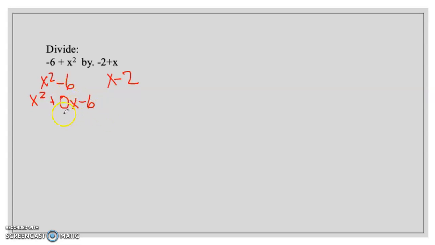We need to put the missing x term in there with a 0 so that we have a placeholder. If I told you we were dividing 506 by 2, and I didn't have this 0 placeholder, then I would get the wrong answer. My answers would not line up. So we need a 0 placeholder.